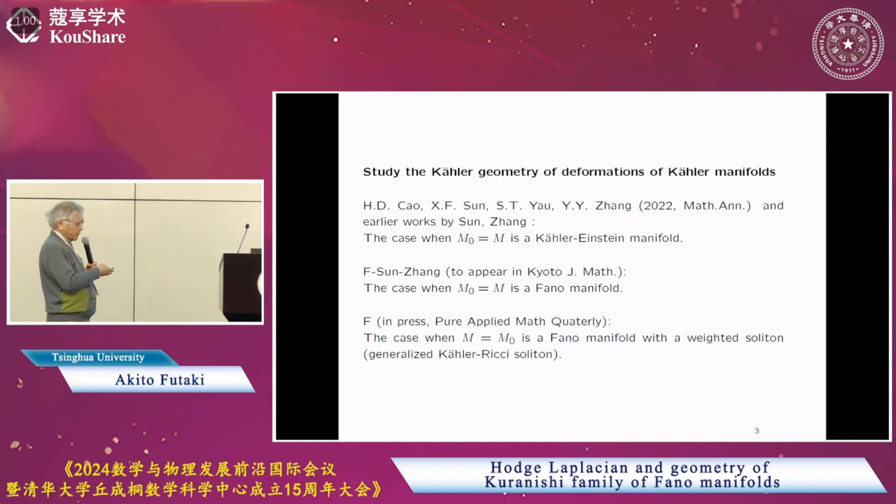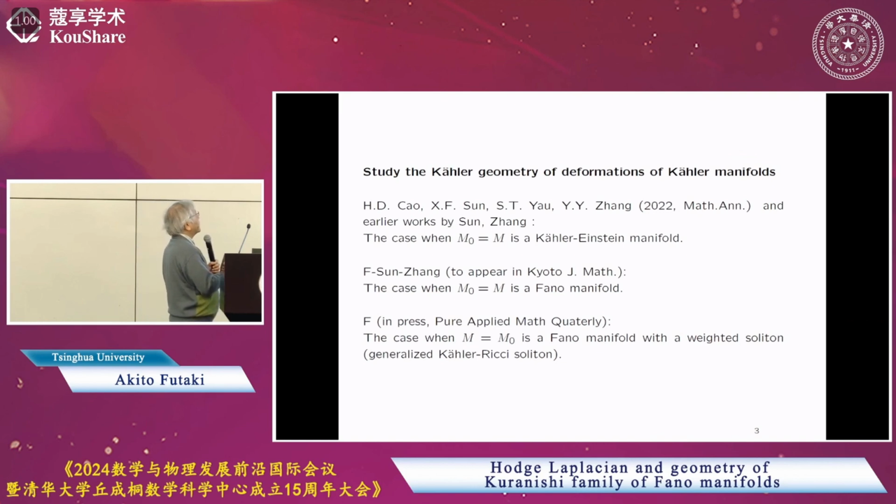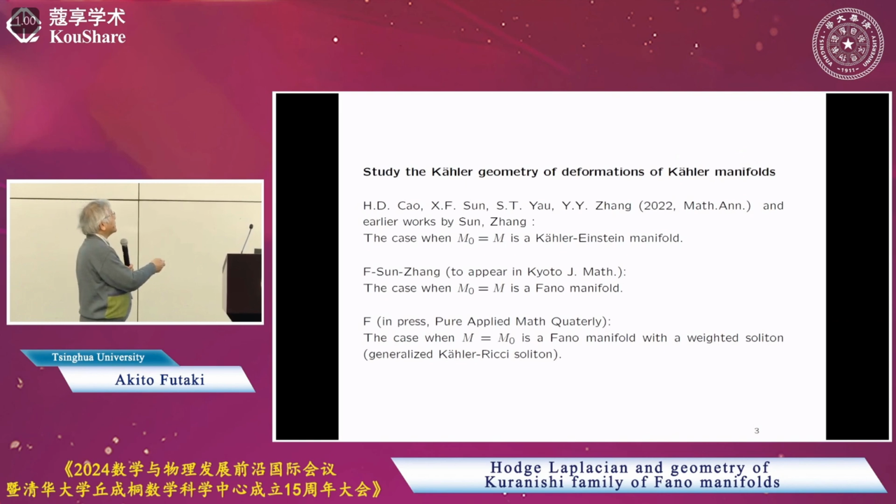So this work has history. Cao, Sun, Yao, and Zhang studied the case when the starting manifold is a Kähler-Einstein manifold. This work was motivated by that work, and I wanted to understand some details of it.